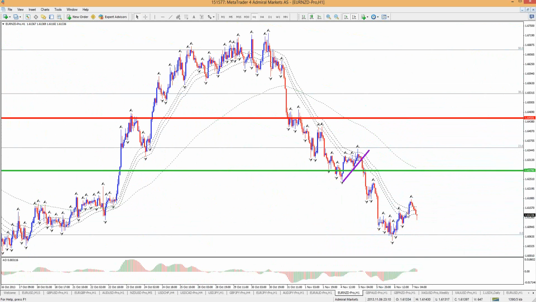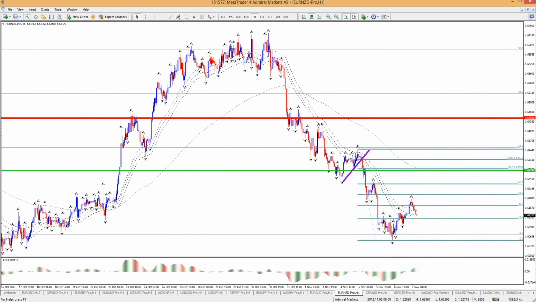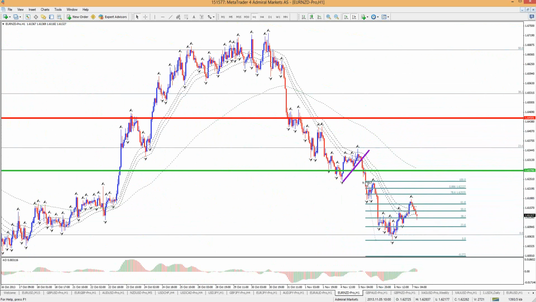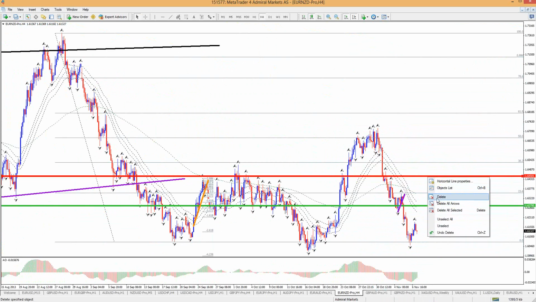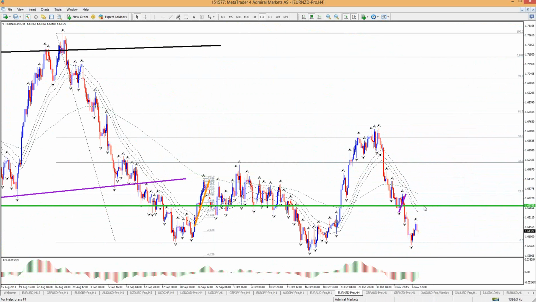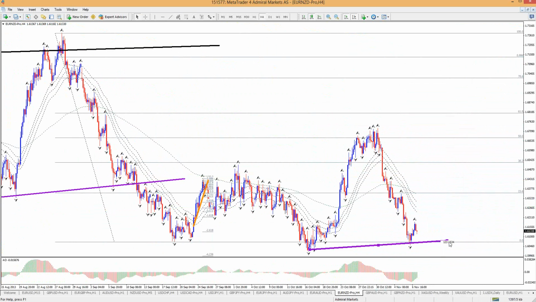Also correction up higher. But just like the euro odd, it is quite close to this bottom. So we've had a lot of ups and downs on this currency, but you can see very strong downside.